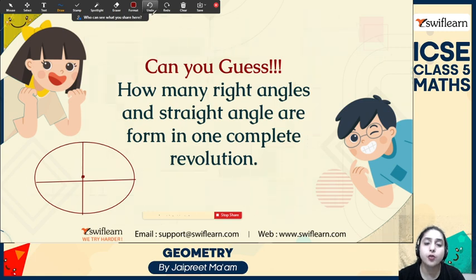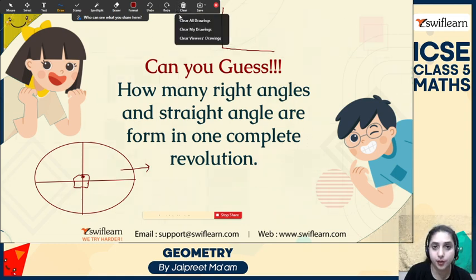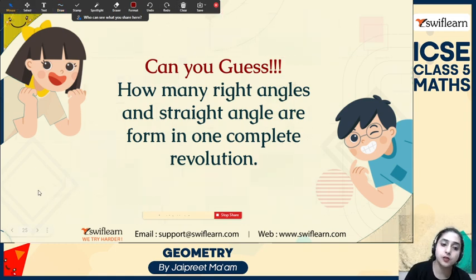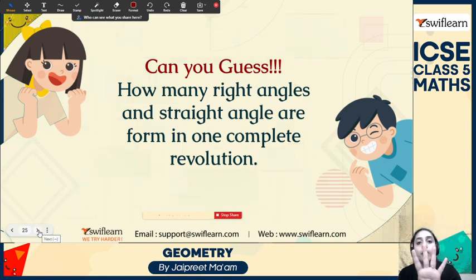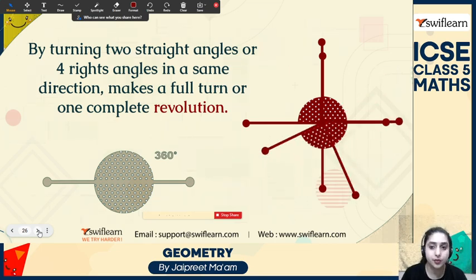I already told you the right angle is like this. If this is a base line, another one will be a straight line. So this 1, 2, 3 and 4. So 4 right angles make one complete revolution. Okay, 2 straight angles in one complete angle and 4 90-degree right angles in one complete revolution.